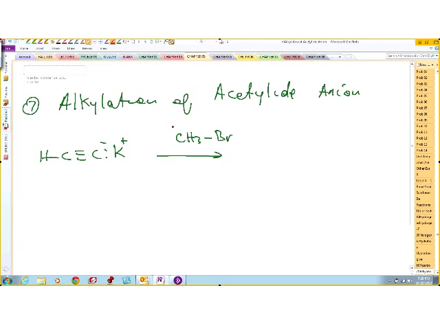Therefore, there would be a partial positive charge on this carbon, and of course a partial negative charge on the bromine. And that would attract the electrons from the acetylide ion. This now acts as a nucleophile, attacks this carbon here, and displaces the bromine, and then you now have this.